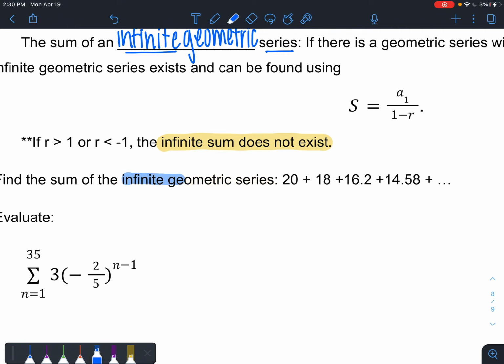So what I'm going to do is take each of these values and divide. So I'm going to take my a sub 2 divided by a sub 1 to get my r value. So 18 divided by 20 gives me r, so 0.9 is equal to r.